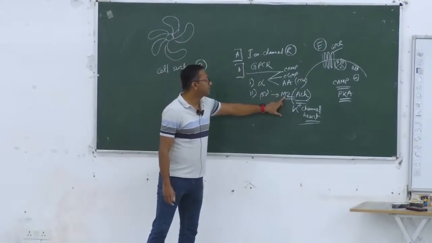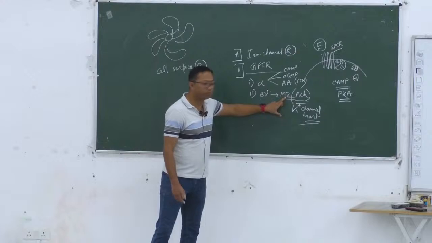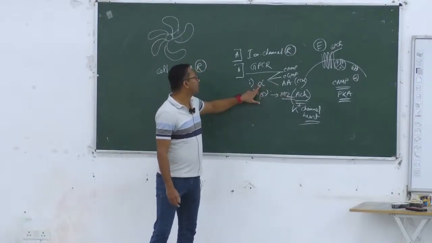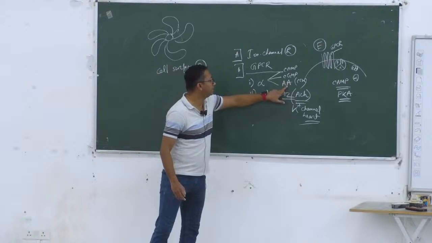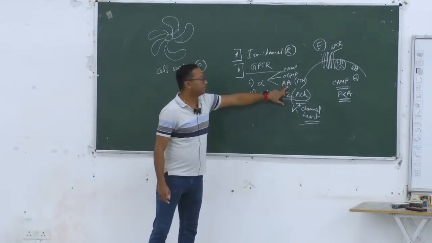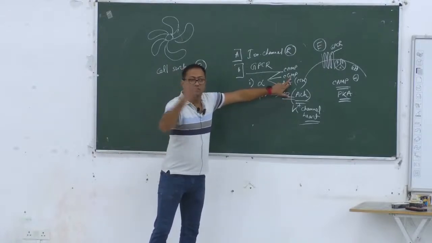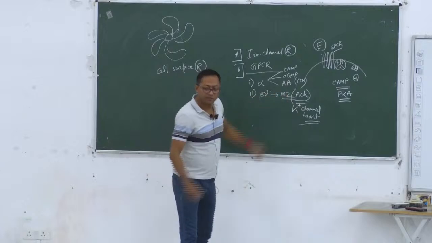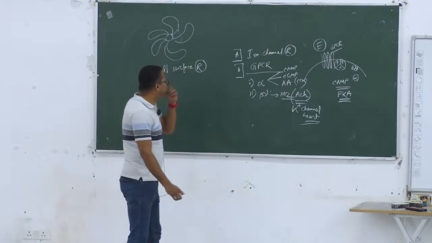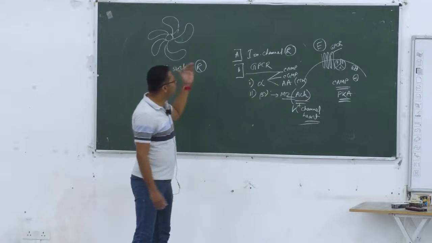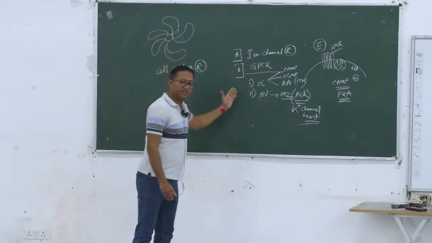Under beta gamma, example is acetylcholine through M2 receptor, right? And alpha mediated action, we have three pathways: cyclic AMP pathway, cyclic GMP pathway and arachidonic acid pathway. Cyclic GMP pathway happens in eyes. Again you will study in nervous system. So ion channel receptor, G protein coupled receptor.